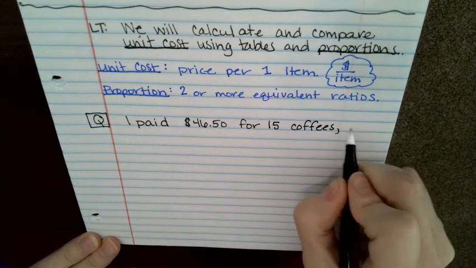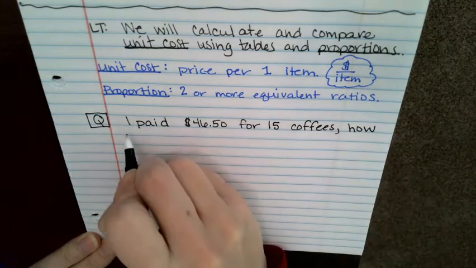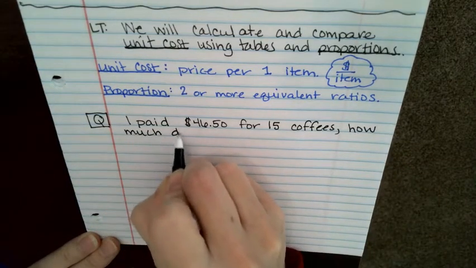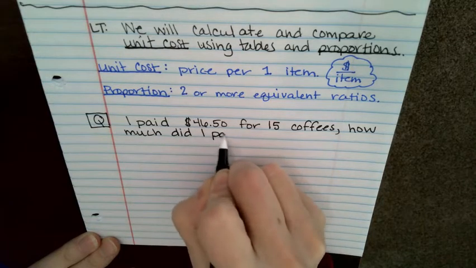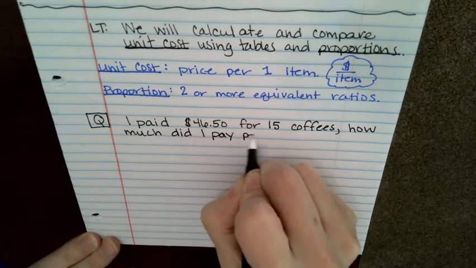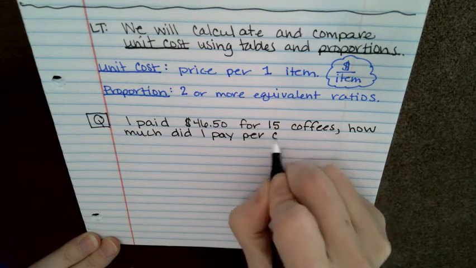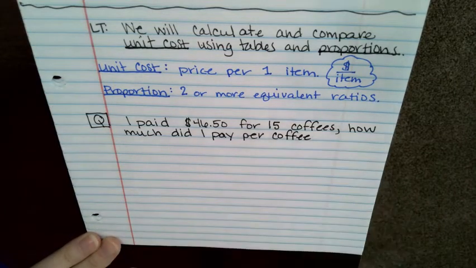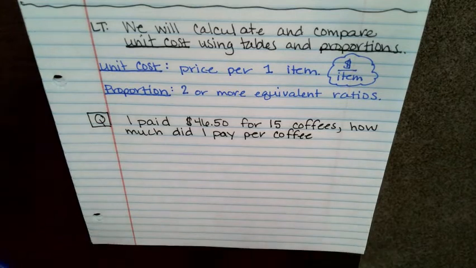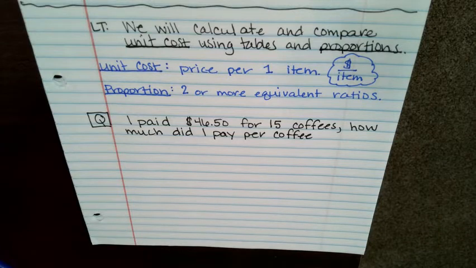How much did I pay per coffee? And when I say how much did I pay per coffee, I mean for one, right? So let's take a look and break down our work here.